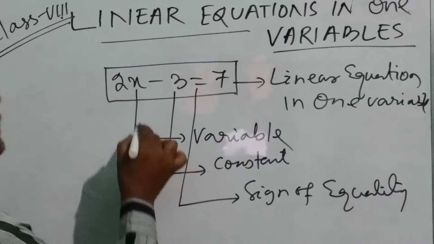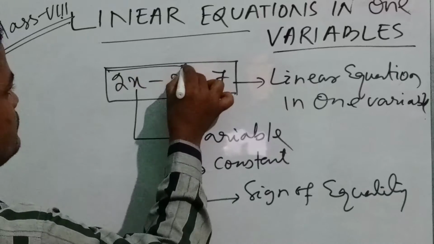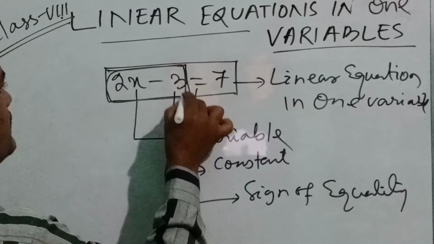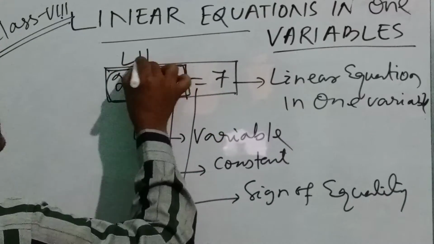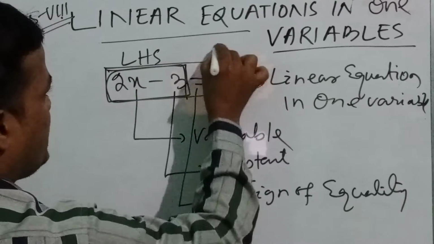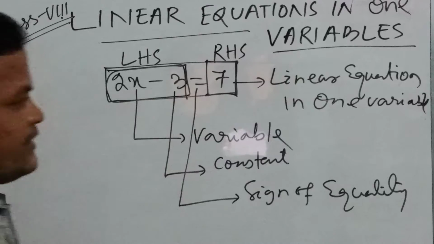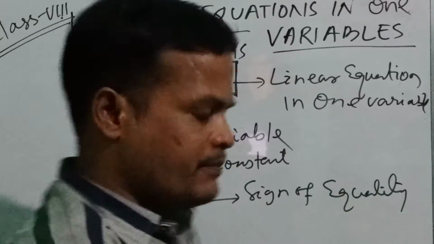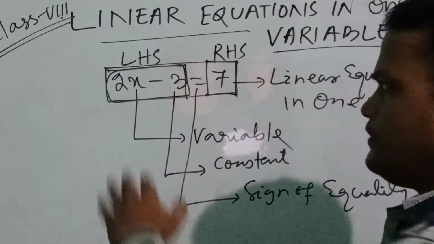This part is called LHS, and this part is called RHS. This is the identification of an equation.